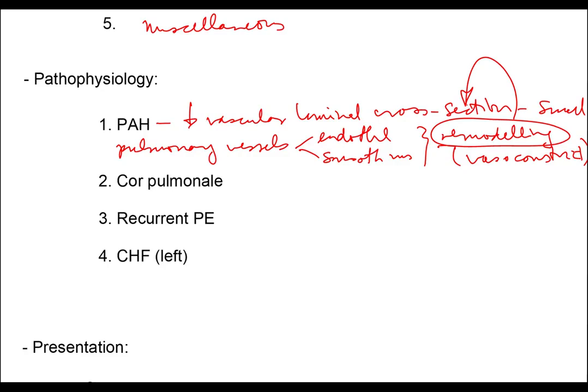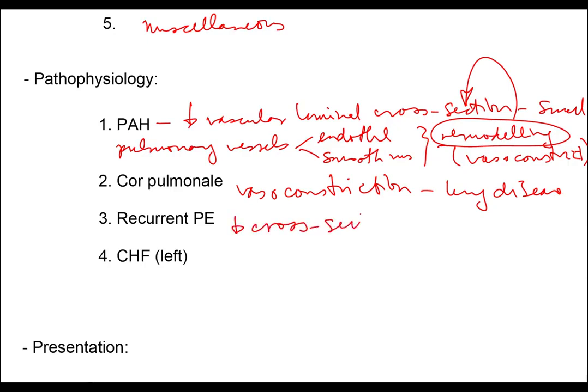When we talk about cor pulmonale, this is going to be the response of the vasoconstriction, which is a poorly understood but well-described phenomenon that keeps VQ matching in lung disease and any other condition of hypoxia. Recurrent pulmonary embolism, this is going to decrease our cross-sectional area just by occlusion, but this is mostly going to be a disease of our hypercoagulable patients.